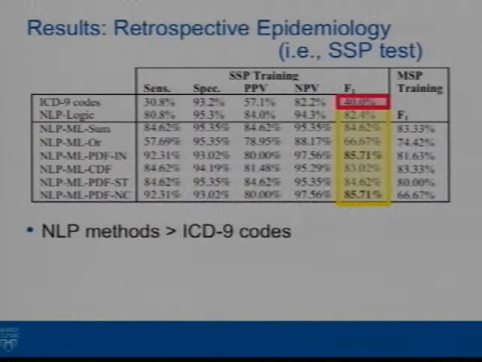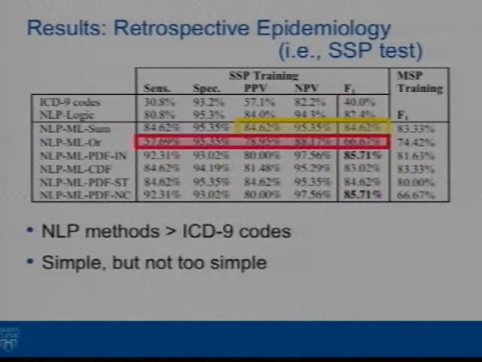And so 40% there with the ICD-9 codes, but with any of the aggregation methods, and even with the logic method, we are getting better accuracy in determining whether a patient has asthma as a whole, looking at it as a retrospective setting.